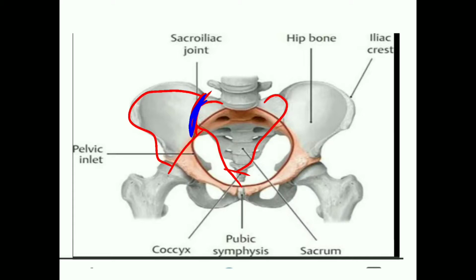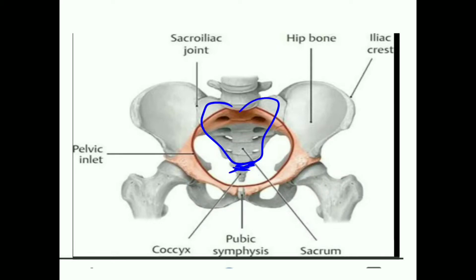And the symphysis pubis, I have told you, is a joint between 2 pubic bones. This is 1 pubic bone, this is the other pubic bone and the joint is the pubic symphysis. And the third joint is the sacrococcygeal joint, which is between a sacrum and a coccyx, somewhere here.